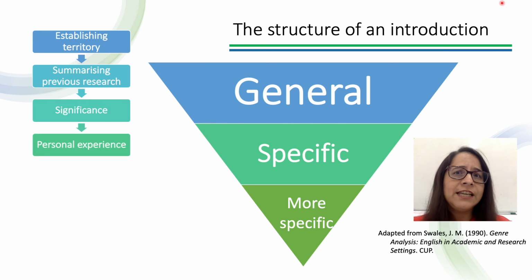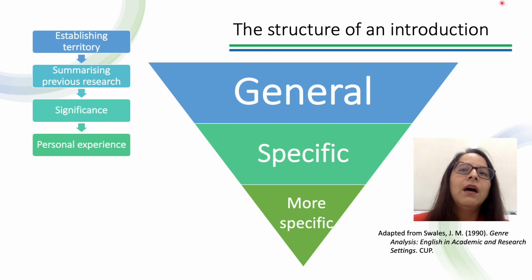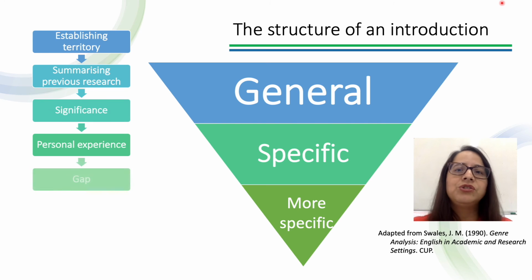We can certainly include at this point our personal experience in terms of our own academic and professional reasons to conduct the study. Why did we become interested in such an issue? All of this needs to logically lead to the gap in the existing research regarding our topic of interest, which needs to be clearly stated, as it is part of the significance of our study.